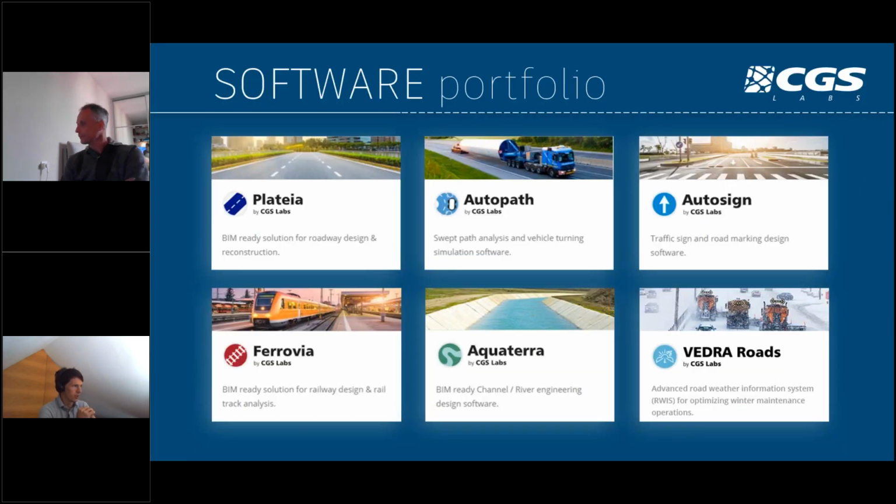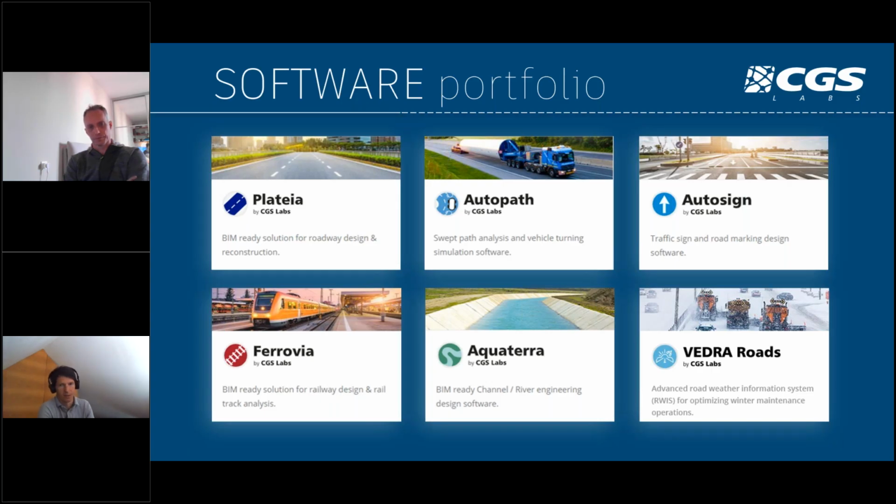The portfolio that we have covers all the civil engineering design and reconstruction works that need to be done with the software. So from Platea for roadway design, Aquaterra for river canals, then some other applications like AutoPath for the swept path analysis, AutoSign for traffic signs, road markings, Vedra roads.